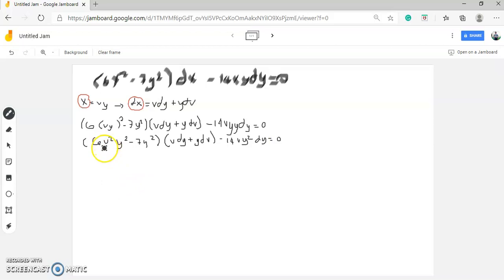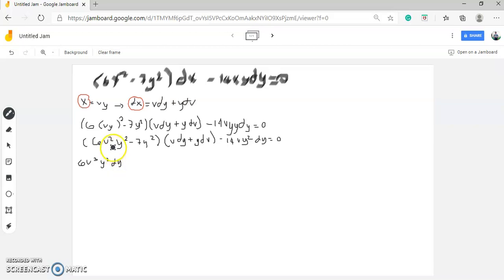From here, we will be distributing these values. Let's multiply: 6v squared y squared multiplied by this v dy gives you 6v cubed y squared dy.